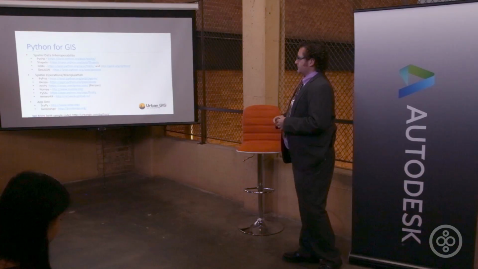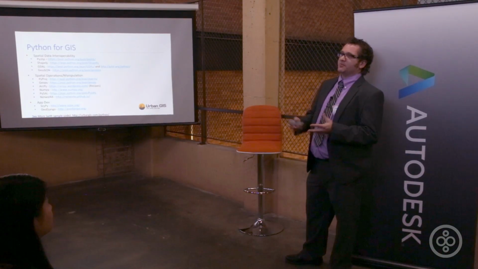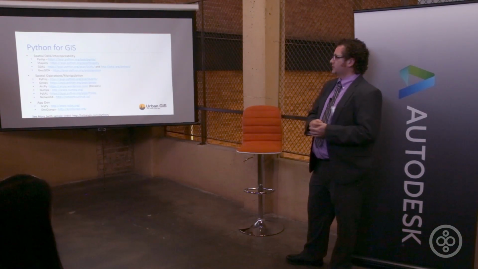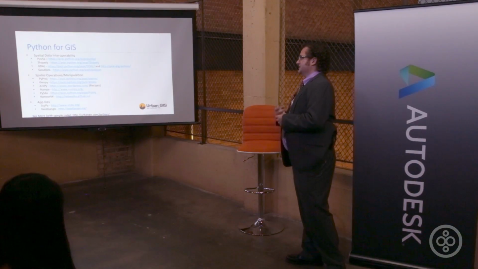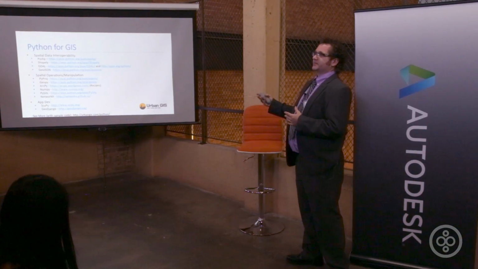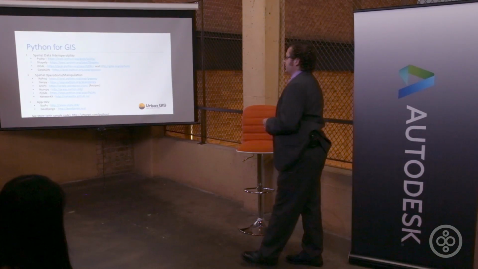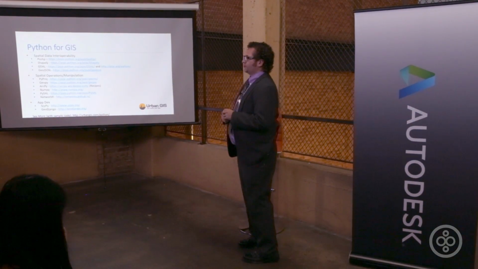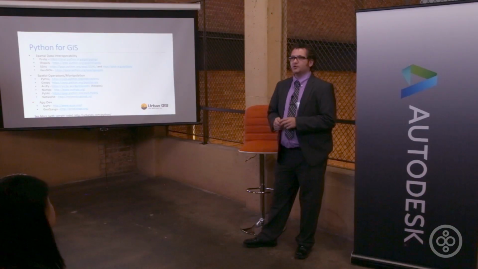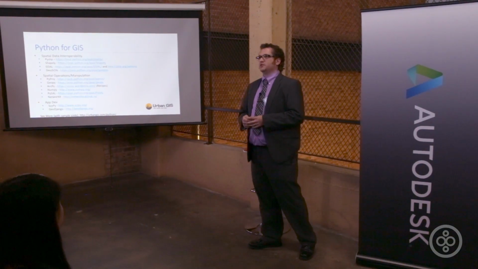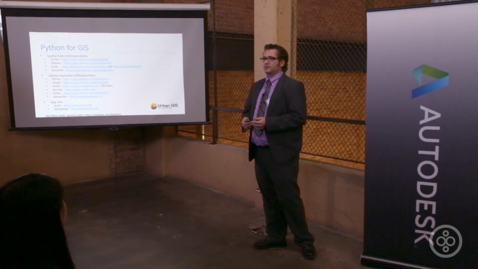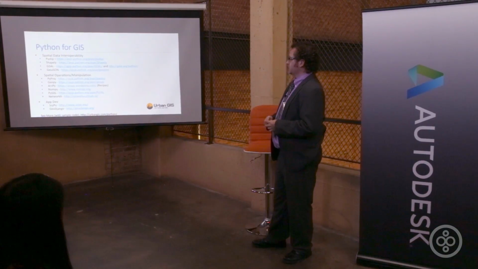So, okay, we've got all of this data. So how can we use it? Well, again, I kind of came to programming from the open source world, and so this is very familiar to me. This is what I like to do. Python is perhaps the go-to language these days for geospatial data analysis and manipulation.